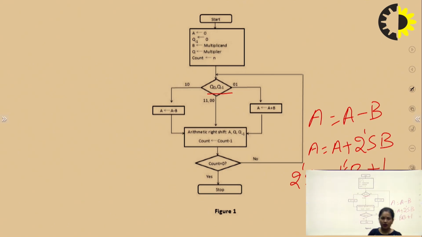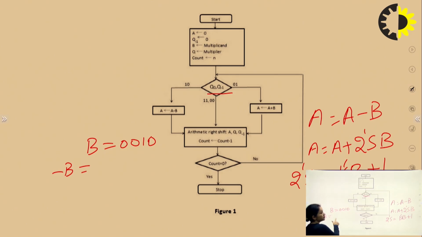Let's take one example also, so that any student who is getting confused can understand. Suppose the B value is 0, 0, 1, 0, and we need minus B. How do we represent minus B? We take the 1's complement of B, that will be 1, 1, 0, 1.